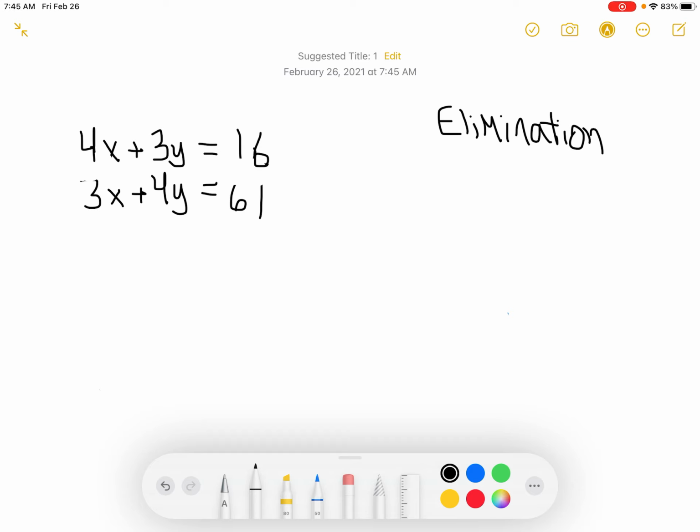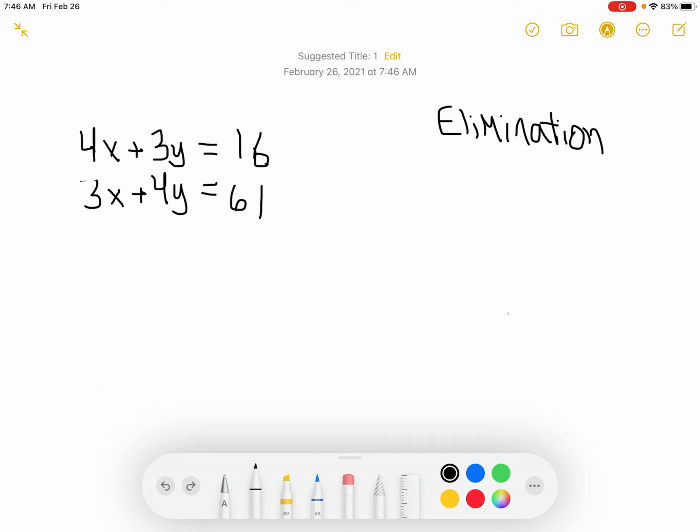But this time, all we have to do is just find a way to cancel out either the x or y. It doesn't matter which one. And once you do cancel it out, then you can solve for the other one, and then solve for the one that you canceled out.